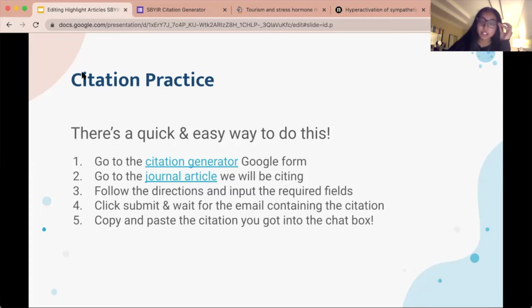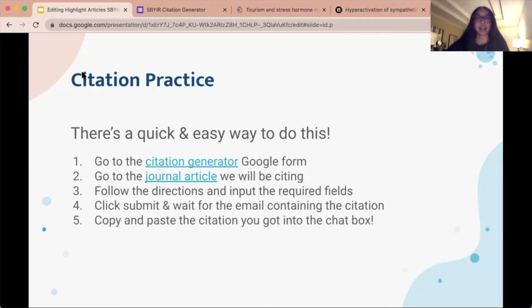One of our managing editors, Shrey, actually came up with a citation generator. It's really easy. It's a Google form. When you go on the Google form, you just put in your email, and then you put in all the fields that it asks you for. For example, the author's names, the article title, the journal name, and the page numbers, things like that.